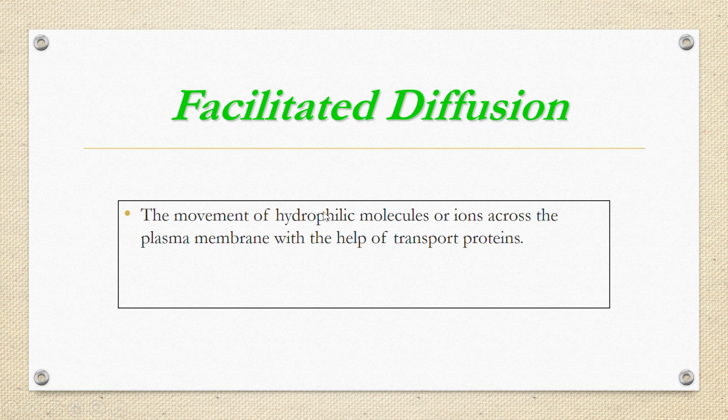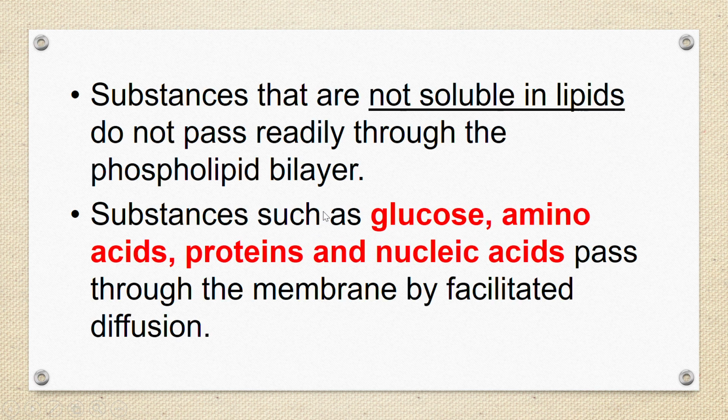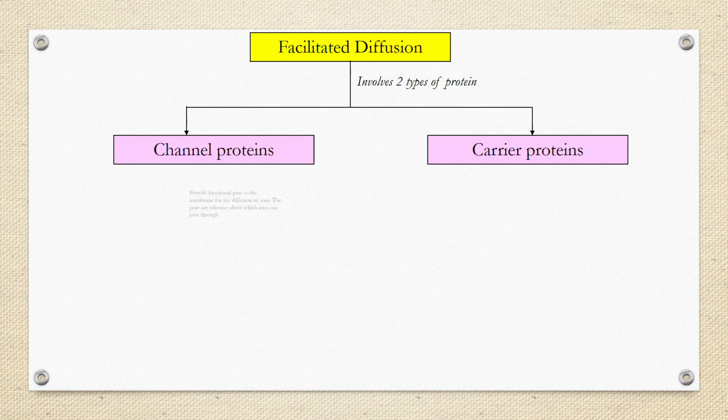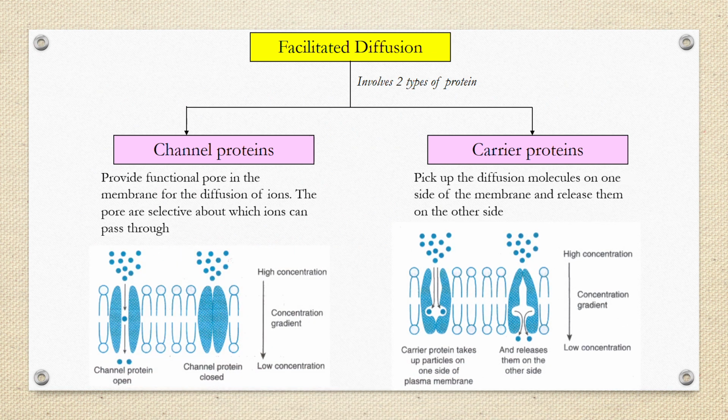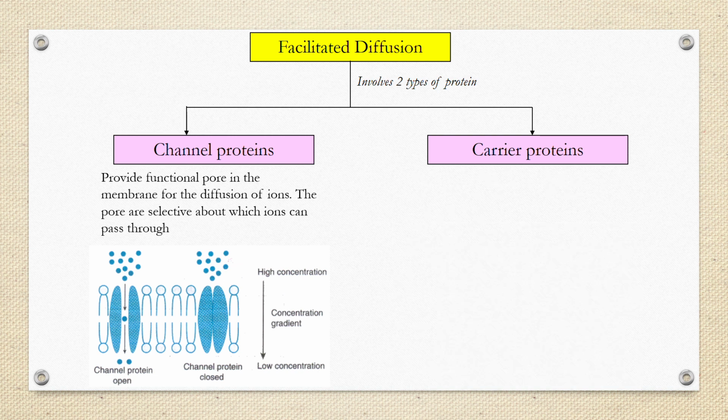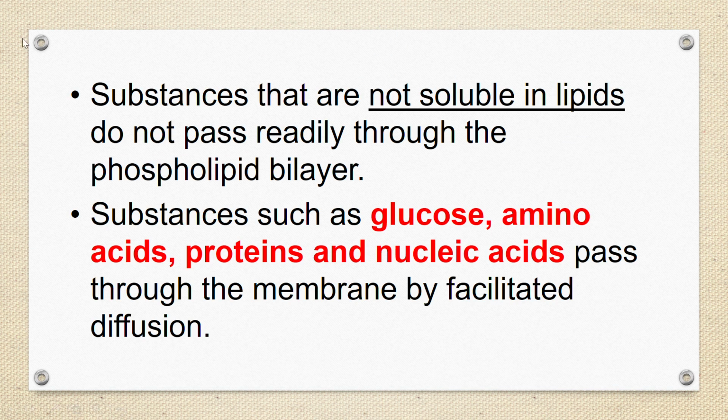Okay, I think we look into the examples first, then you'll be able to see clearly. Substances that are not soluble in lipids. Remember the structure of the phospholipid bilayer? Mainly, it is made up of phospholipids, isn't it?